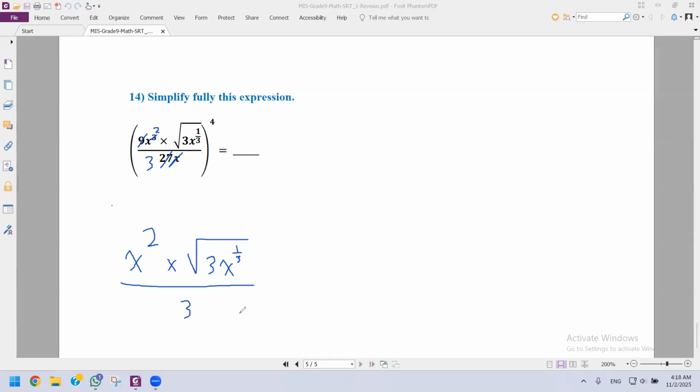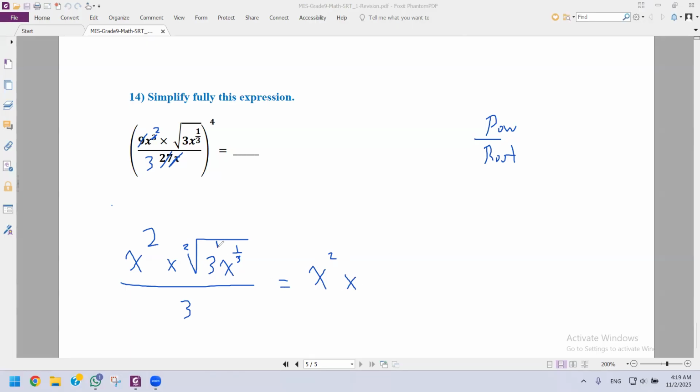Now, the square root is a bit confusing, okay? Let's remove it. We talked about already power being a fraction. We write the power first, and down we write the root. What is that root? This is the square root. So I will have x squared times, now what's the power of 3?